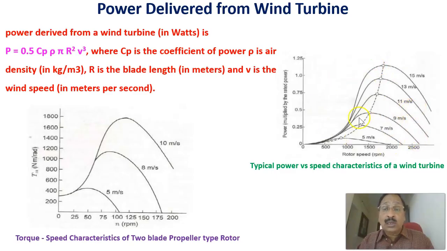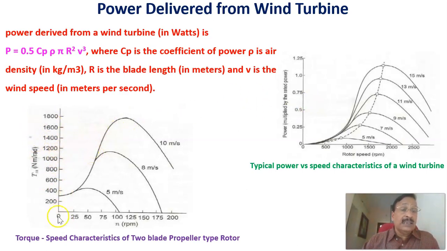Therefore, this is a plot of the power derived from the wind turbine versus the speed of the turbine for different wind velocities. The same shape can be obtained if you plot torque versus speed, because torque T into omega equals power, or torque equals power divided by omega.